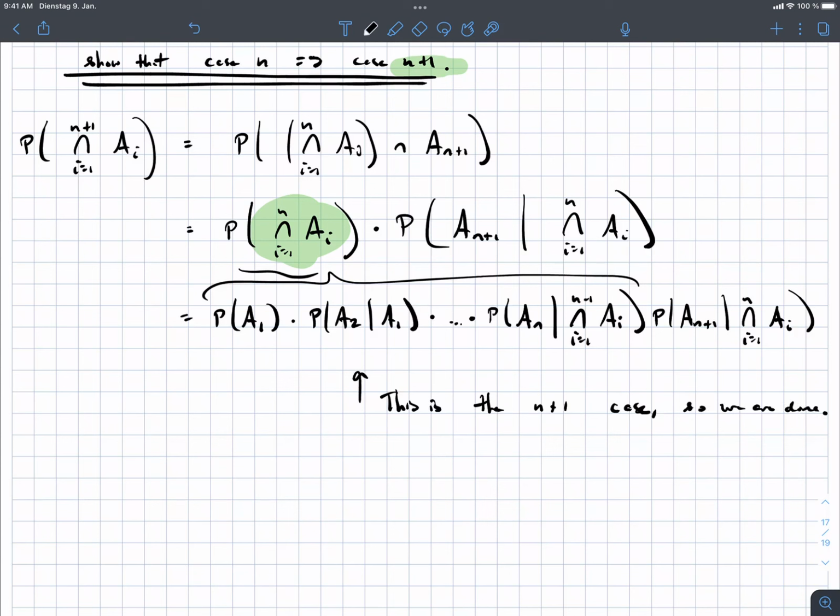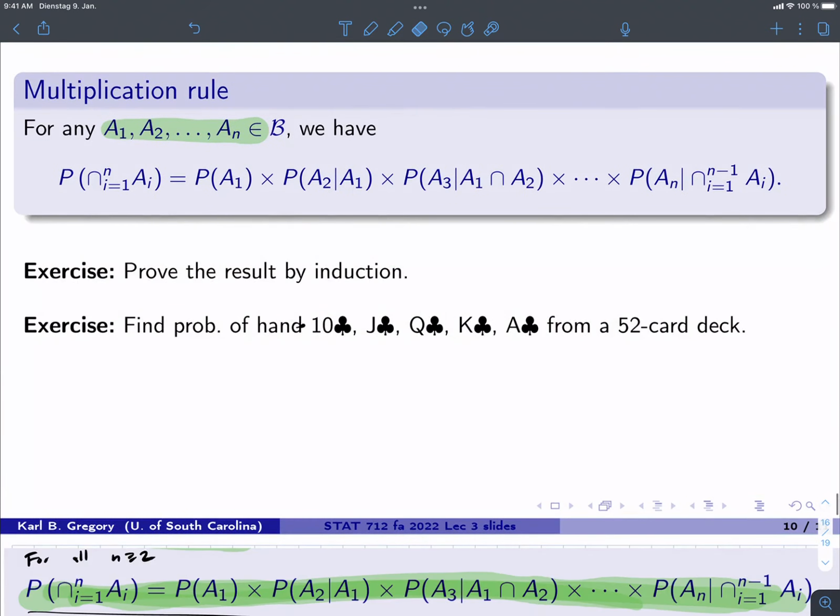So let's say we wanted to use this multiplication rule instead of using counting to get the probability of drawing this poker hand. First of all, let's compute the probability of drawing these in sequence. So the probability of drawing the 10 would be 1 out of 52.